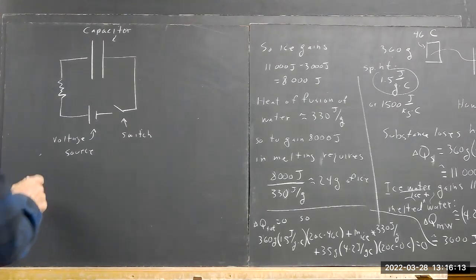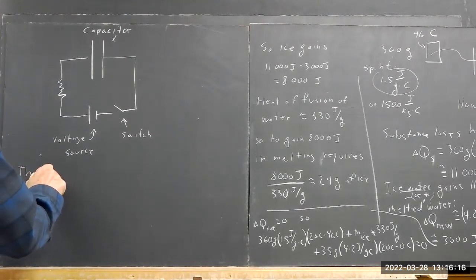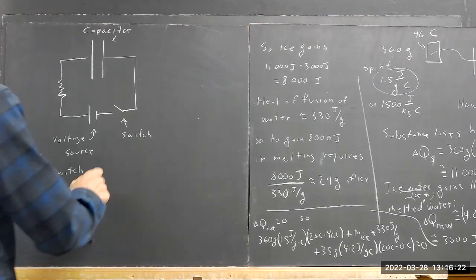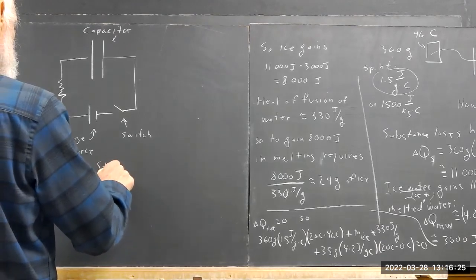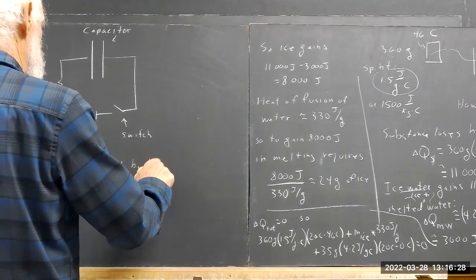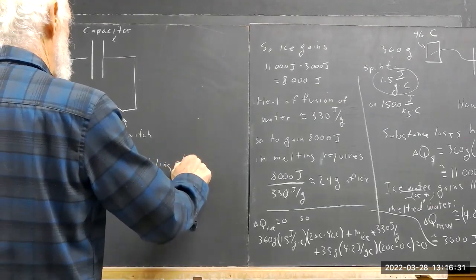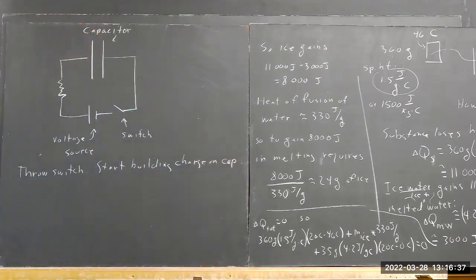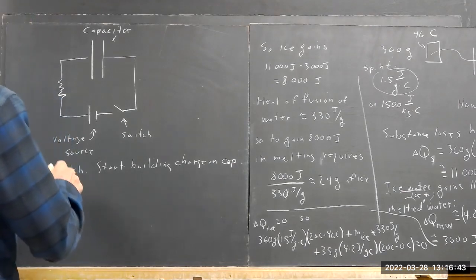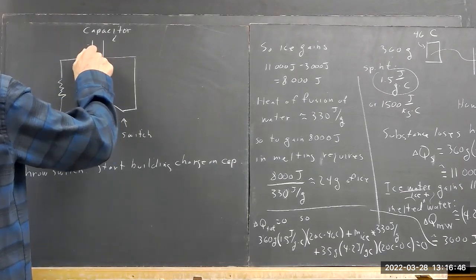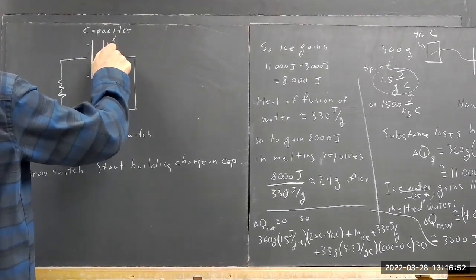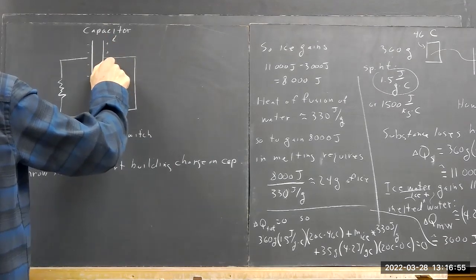Well, you throw the switch, you start building charge on the capacitor. So now the capacitor has some charge. It's got some negative charge here and some positive charge here.